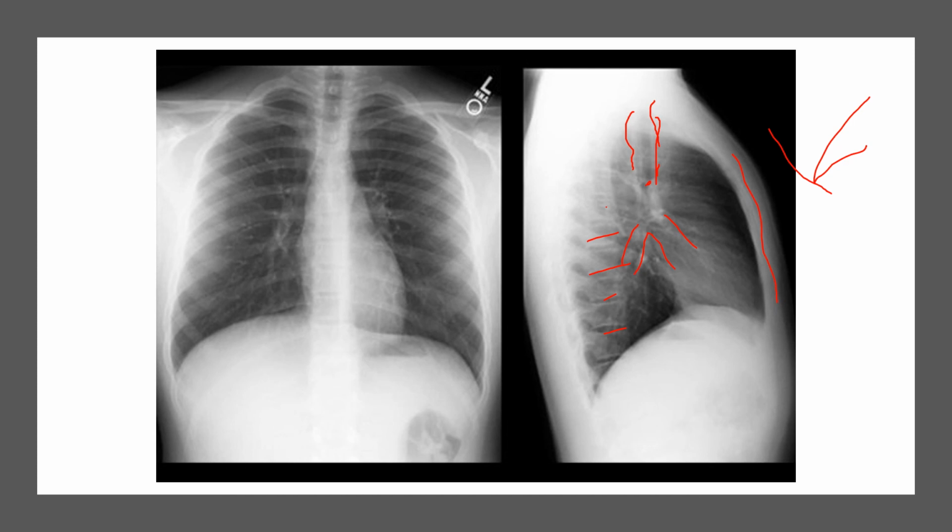So you can see what's called, this would be the shadow of the heart right here. And then this would be called the retrosternal airspace right here. I'll color in the retrosternal airspace. So that's something that we would actually look at too for some of the patients with small pneumos, and babies especially.